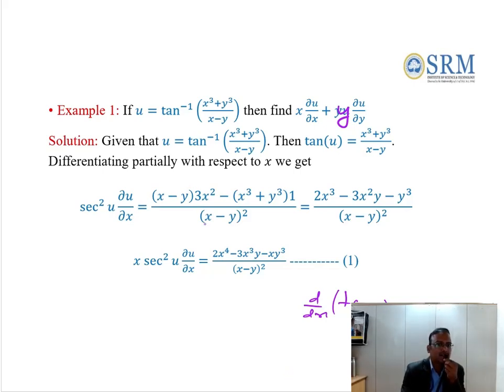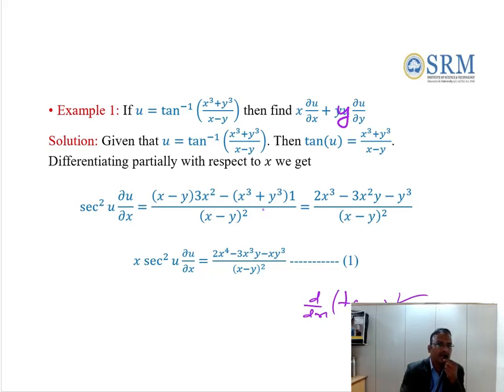Therefore the partial derivative of tan u is equal to sec² u into ∂u/∂x. We are applying this definition as well as the chain rule. And then the right hand side is of the u by v form, (x³ + y³) upon (x - y). So therefore apply the u by v rule.